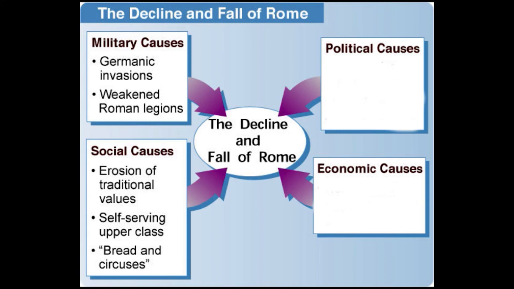Social causes: Rome became very decadent. There was an erosion of traditional values. The upper class only cared for themselves, and so they did whatever they could to hold on to their power at the expense of everybody else. And in Rome, in order to keep the people happy, they entertained them with bread and circuses.